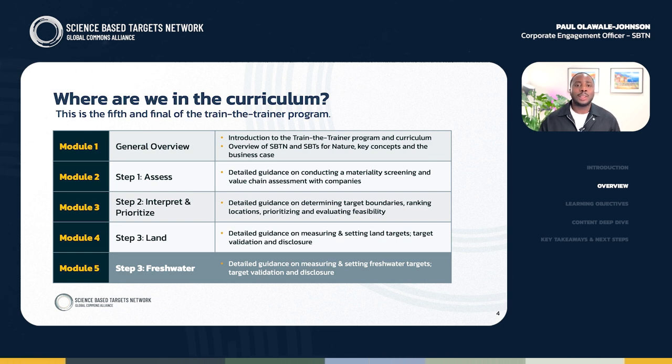These, along with a general overview module, lay the foundation for engaging the target setting process. These modules are meant to be completed in sequential order, starting with the general overview module, and now we are in module 5, Freshwater, which marks the completion of the initial Train the Trainer curriculum.